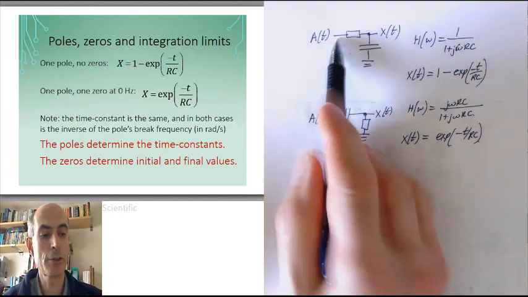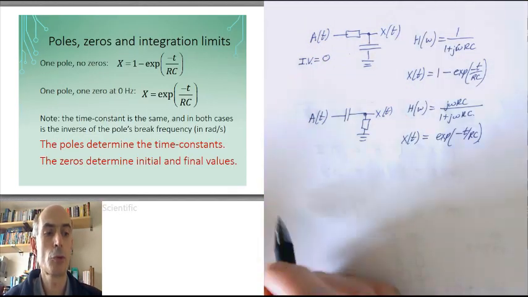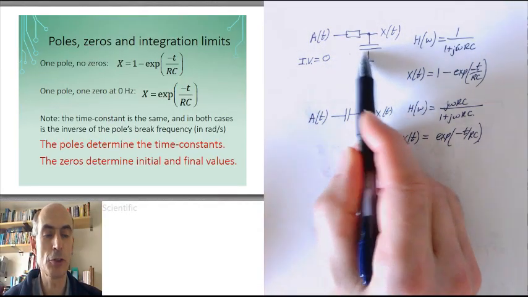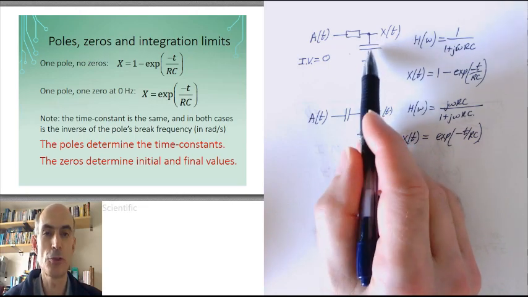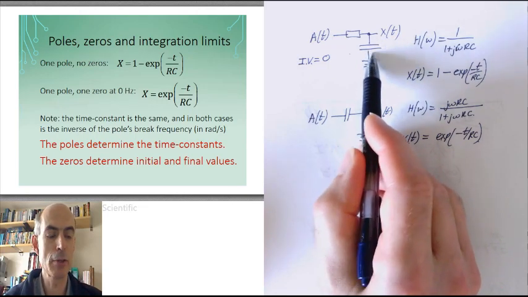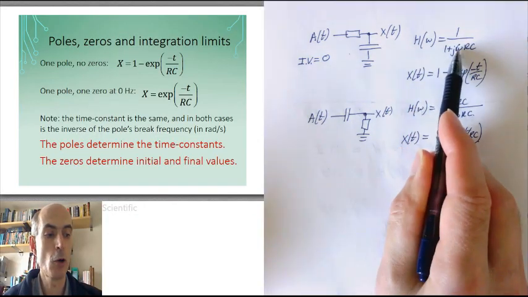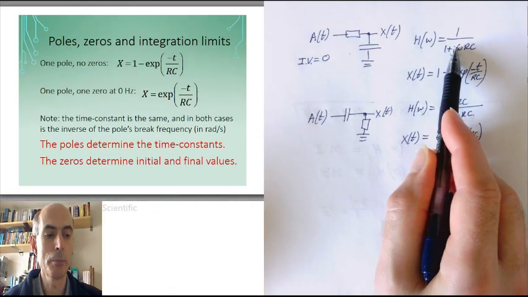This first circuit has an initial value of 0, which we can either derive from noting that the voltage across the capacitor must be 0 just after the step has arrived, because it was 0 just before the step had arrived, or we could look at the frequency response and substitute in omega equals infinity and note that 1 over infinity is 0.